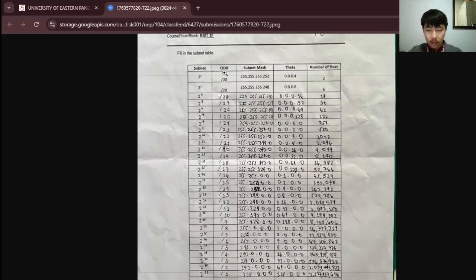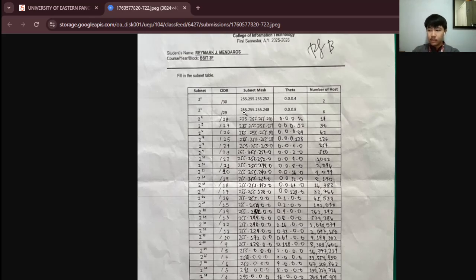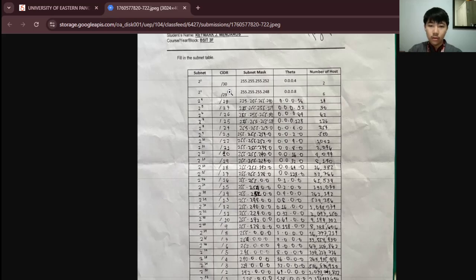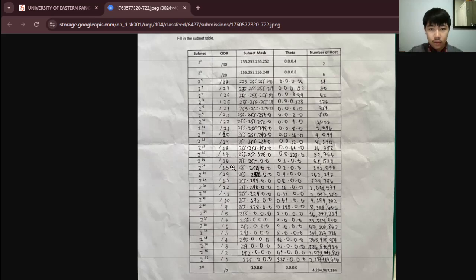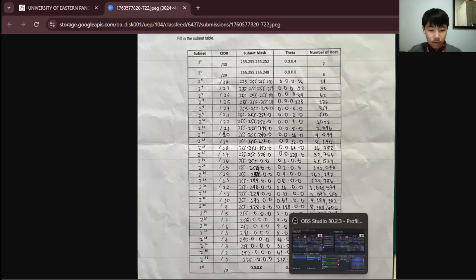So in order to get the correct CIDR, we will count the number of hosts.